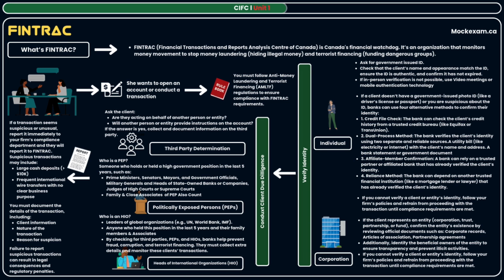Then we have special clients like third party determination, PEPs, and then HIOs, and the do's and don'ts about suspicious activities. What are the examples of suspicious activities and transactions, and what do we need to do? What do we need to document? We covered everything about FINTRAC.